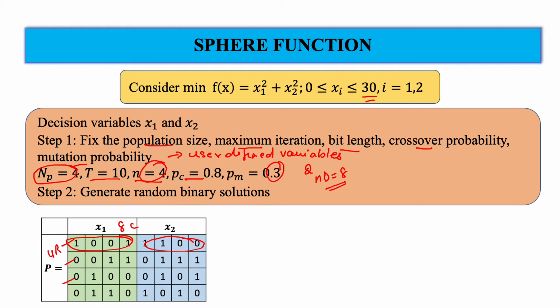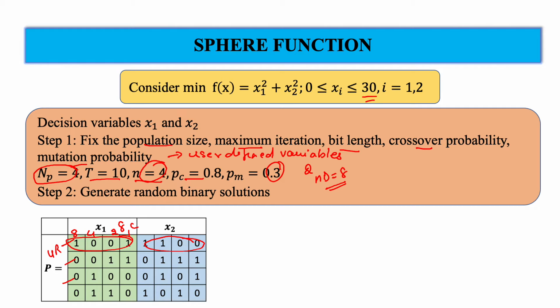Now how do we calculate the fitness of this population? For each member, to calculate the fitness, first we need to find the decoded value. The decoded value is nothing but the decimal equivalent. For x1, the weights will be 8, 4, 2 and 1.